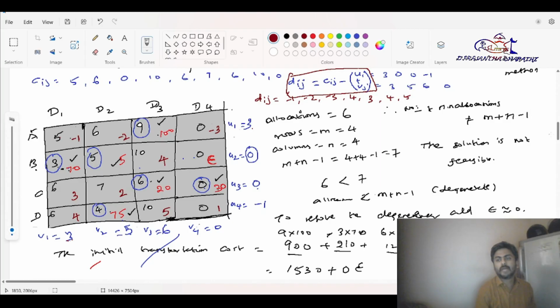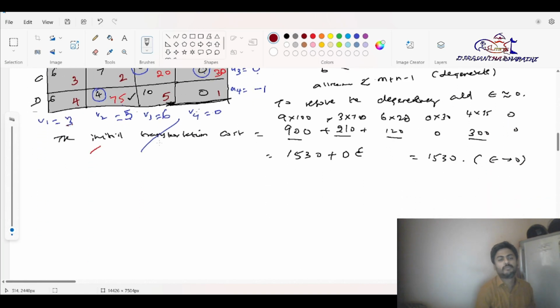So you have some conditions, and I shall tell the conditions now. Suppose all dij is greater than 0, it means the initial transportation cost, or current solution, is optimum.